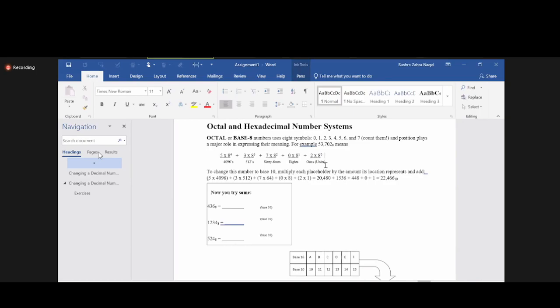All you need to do is change their base, right? So if it is base 8, instead of using 2, you use 8, or you can use 16 if you're converting from the base 16 number system.